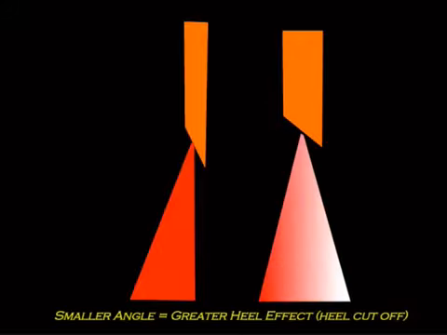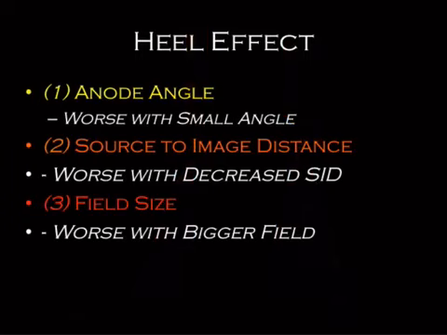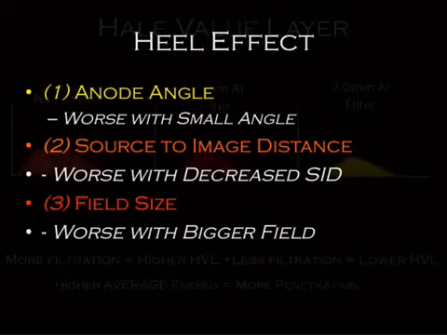So as you get a sharp transition with a small angle and you get a more gradual transition here with a larger angle. So smaller angle, greater Heel effect, and that's called the Heel cutoff. So just to review, small angle worse, closer at a shorter distance, and more field size worse.